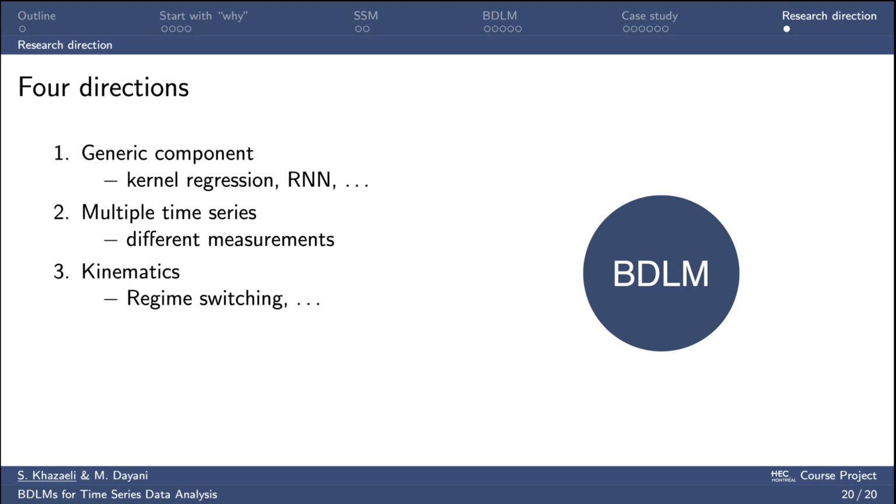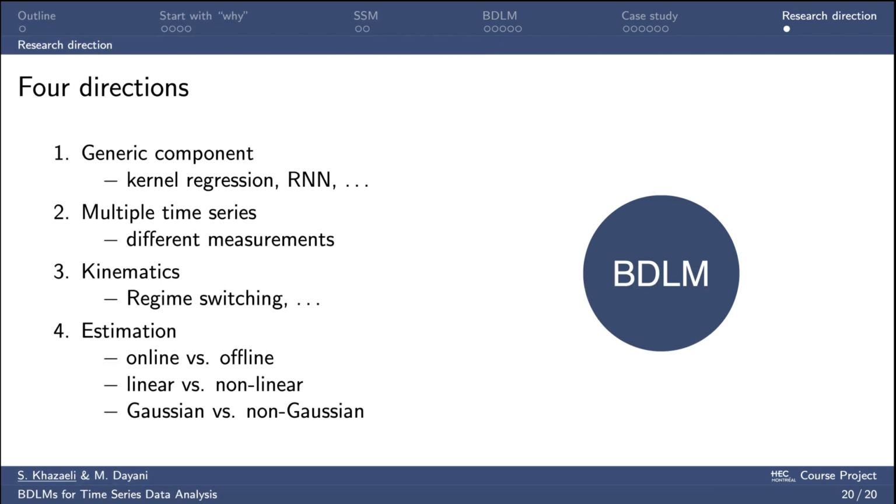Another direction is regarding the kinematics of the data. Here, we basically use the Newton kinematics to model the baseline and the speed. We can extend such kinematics so we can model different regimes with different trends and different accelerations as well, such as the one that you saw in the VIX data.